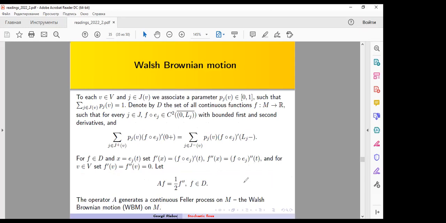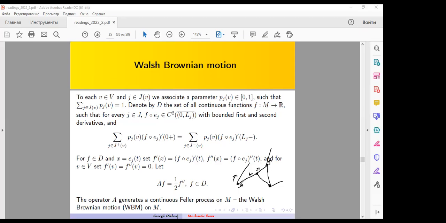These processes behave in the following way. So we have some metric graph. And to each vertex, we associate probabilities with which the motion will choose which direction it will go.